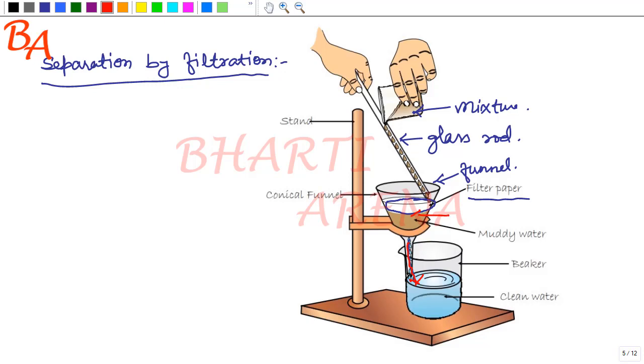So these particles have a greater size, that is mud has greater size than the pores of the filter paper. Therefore these will remain in the filter paper, and the water, since it has a smaller size than the pores of the filter paper, it will go into the beaker. So here in the separating technique, the size of the component matters.